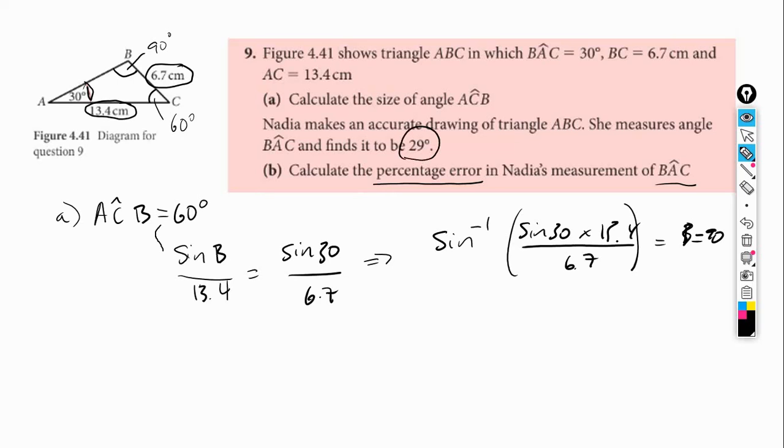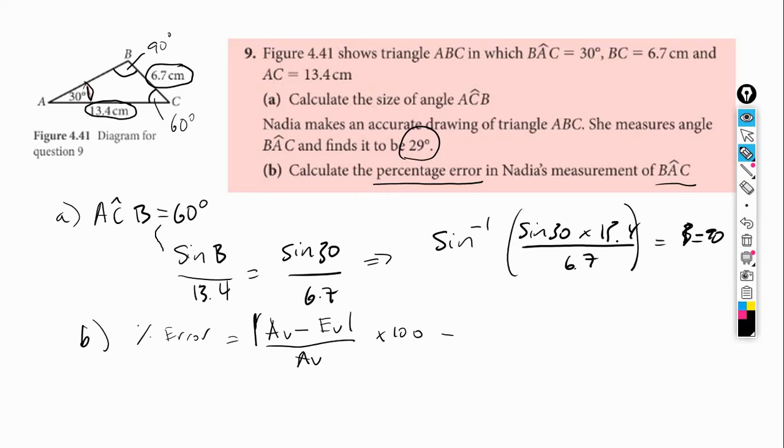So remember that when we want to calculate percentage of error, it is equal to the absolute value of the actual value minus the estimated value divided by the actual value times 100.